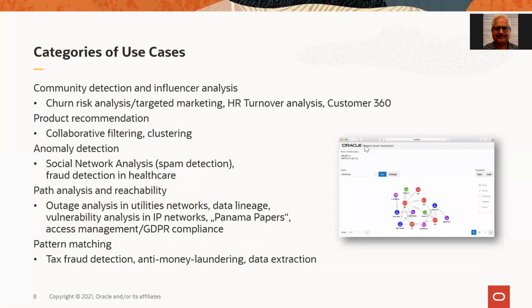So if you look at what our customer Caixa Bank is doing, they have a huge graph which consists of all their customers, all the accounts, all the credit cards, all the locations where people live, and so forth.